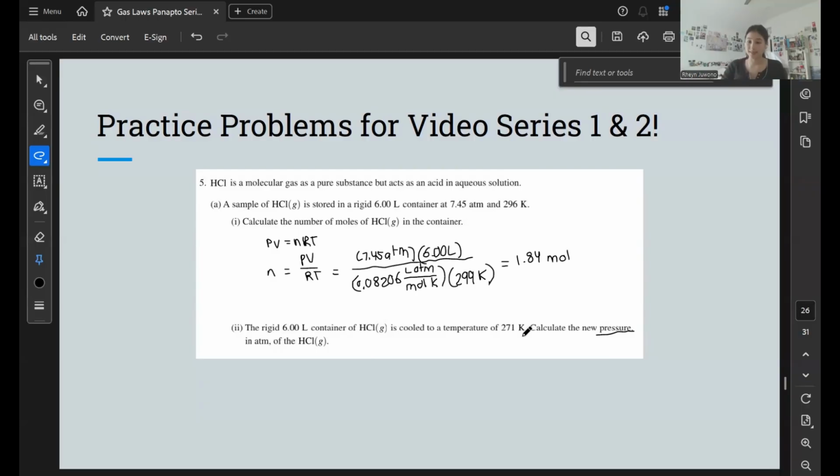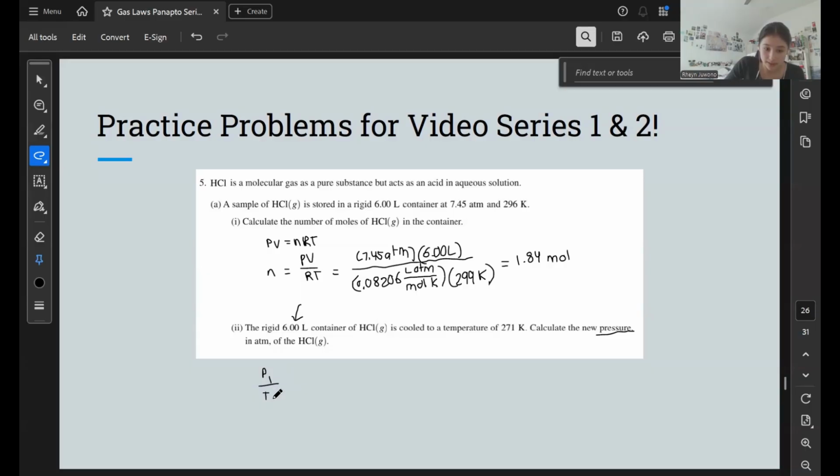So it might mislead us by mentioning the volume again, but we are just working with pressure and temperature, right? And we already know what the original pressure was, and what the original temperature was, and we know what the final temperature is. So we should be able to calculate the new pressure. So this is Gay-Lussac's, if y'all remember.